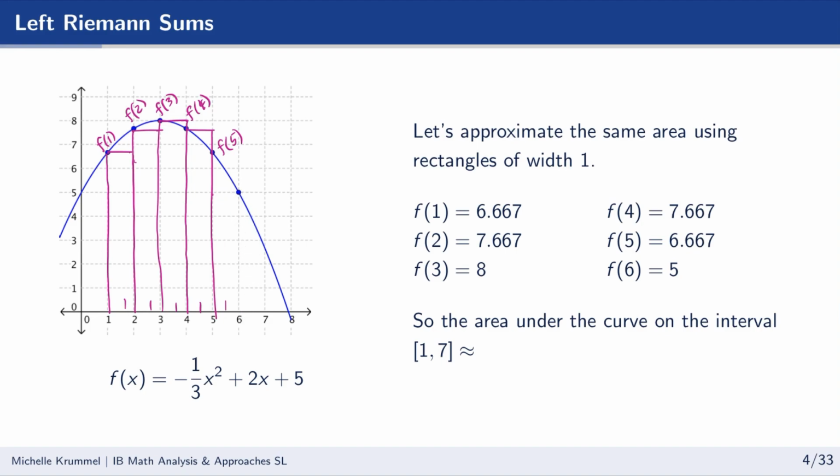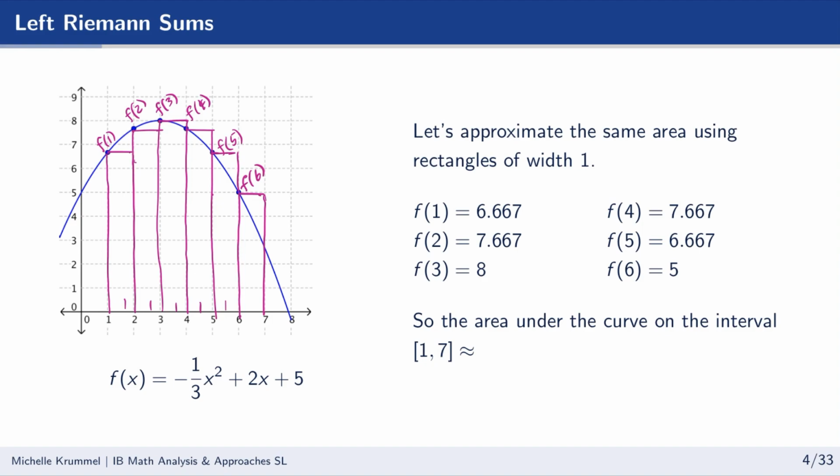Right, so for f of 5, we're going across like so. Oh, I think I just missed one of my rectangles there. Okay, f of 5, f of 6, and then notice that we don't have an f of 7 because our last rectangle, the height is determined by the left endpoint of the interval, not the right endpoint of the interval, so we don't actually use the x equals 7.